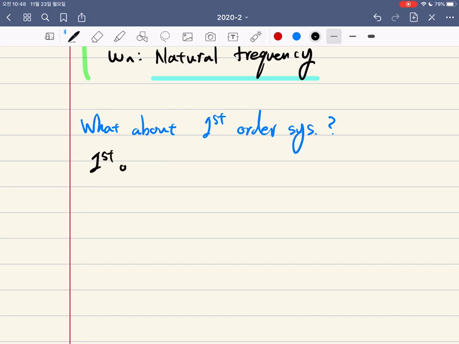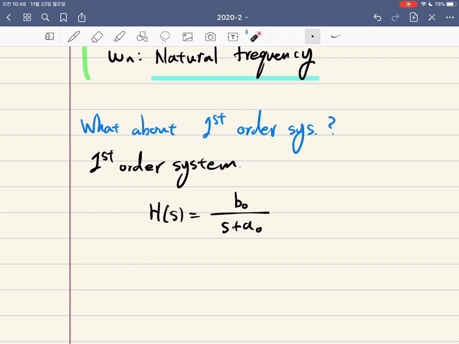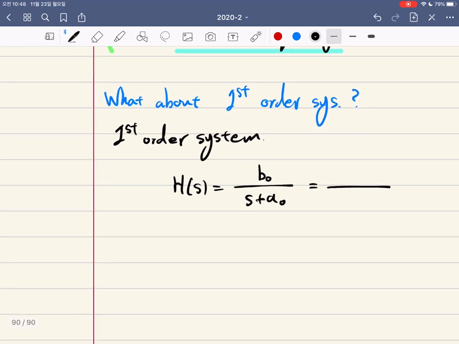First order system can be represented as follows. So the system function of first order system has no zero and has only one pole, like this. You have one pole, therefore it's a first order system. And if you make this part 1, that means you will divide both sides by A0.